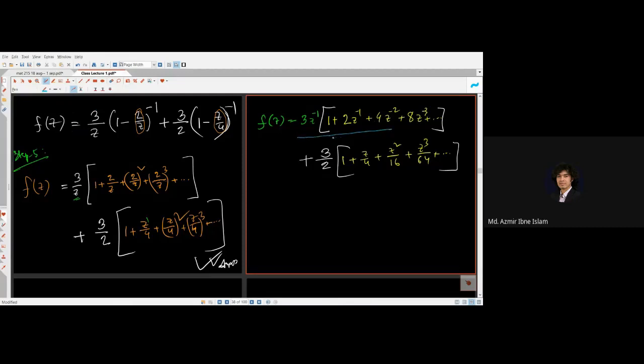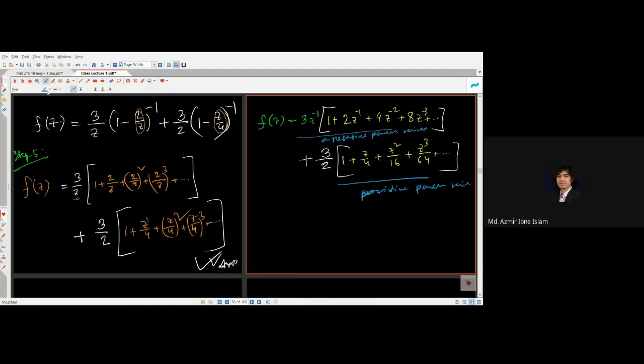This part is called the negative power series, and this part is the positive power series. So you have to focus on the powers of z.